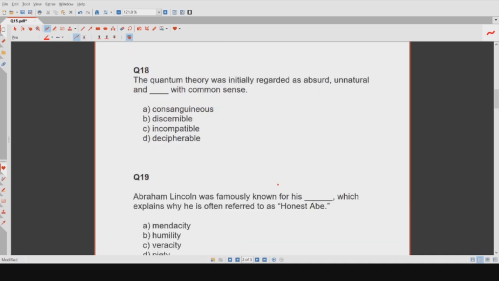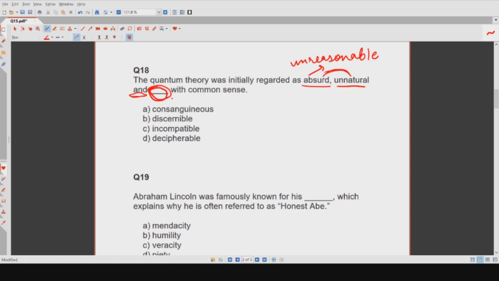The quantum theory was initially regarded as absurd, unnatural, and dash with common sense. Here, absurd means unreasonable or illogical. Unnatural is something that is not natural. So both these words are negative, and there is an "and" here.